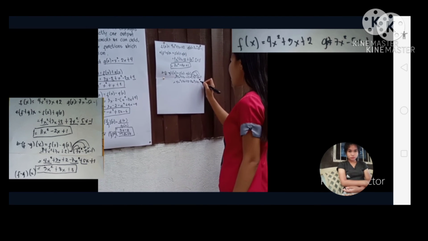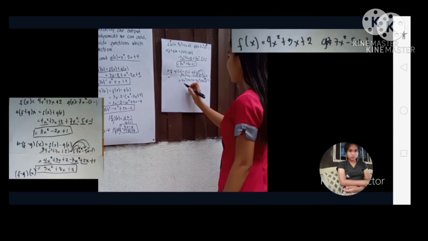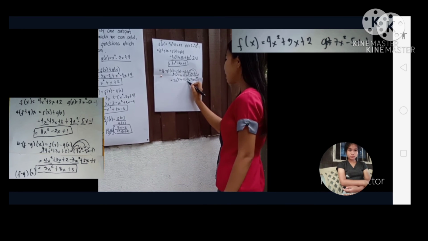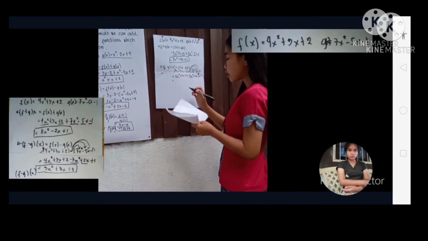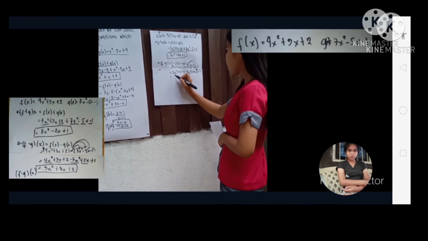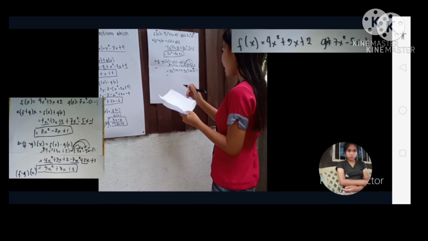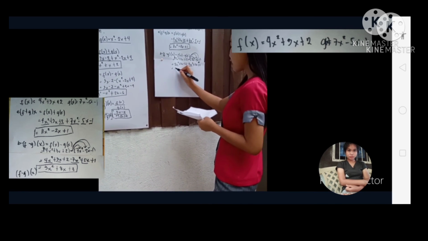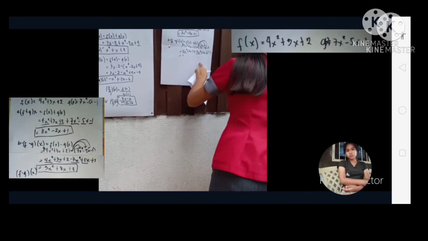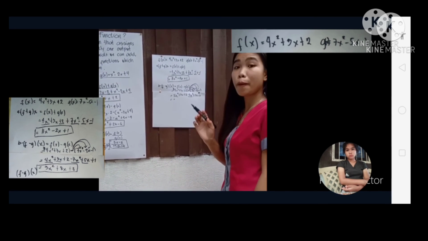Negative times negative 1 is positive 1. Then, combine the like terms.